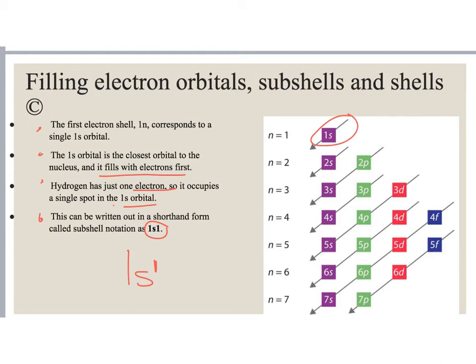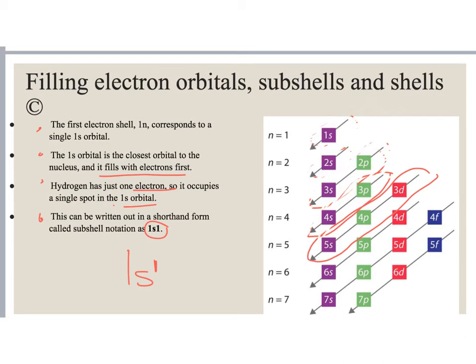Firstly we fill the 1s, then we fill the 2s, then 2p and then 3s, then we fill 3p and 4s, then we fill 3d, 4p, and 5s, etc. This is a diagram which you really need to copy and you need to know, because sometimes you'll go, well, what do I fill next? And you always go from that top corner downwards.